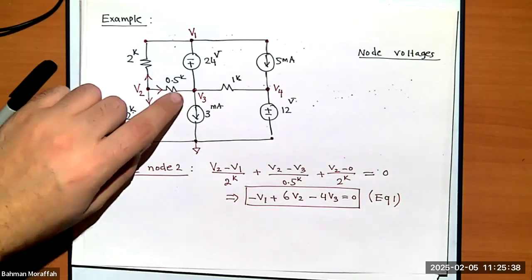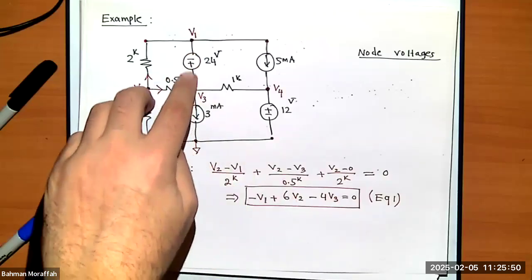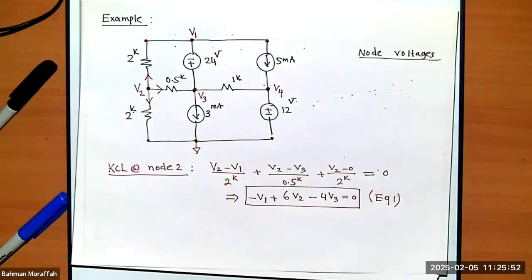How about at node 3? Can I write a KCL at node 3? With the exact same reason that I couldn't write the KCL at node 1, I cannot write the KCL at node 3 because I still don't know current through here. How about node 4? Can I write a KCL at node 4?